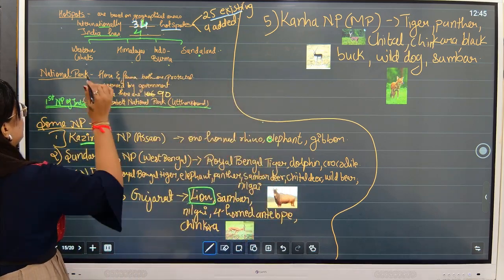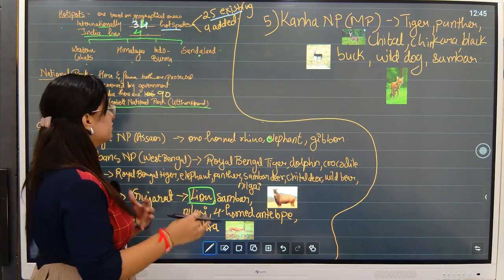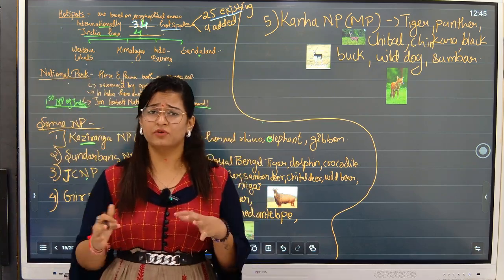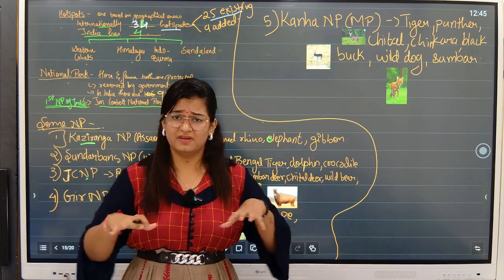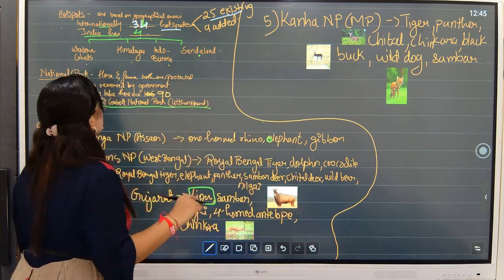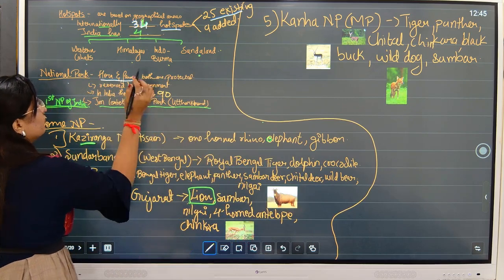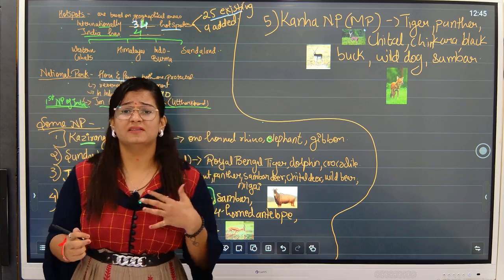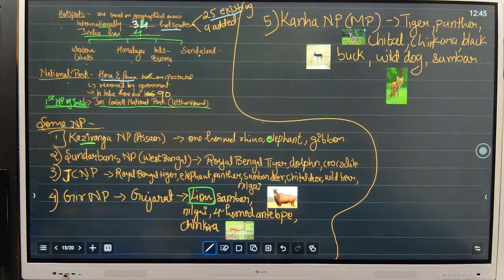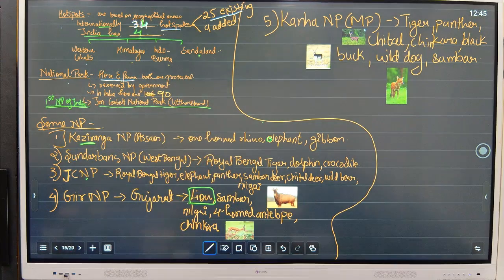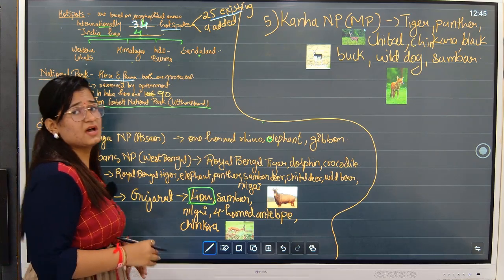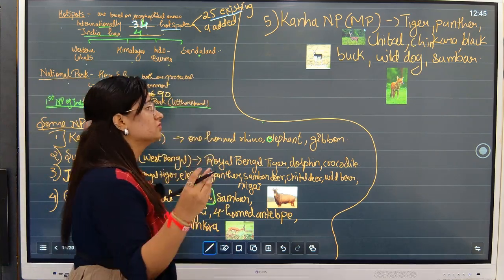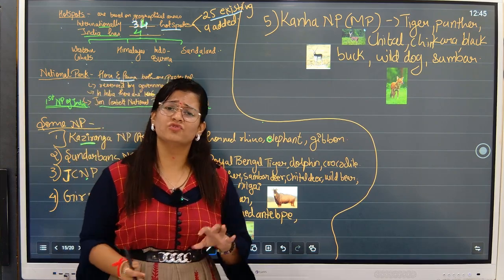Chalo. Now when we talk about national parks, what we are going to do is basically protect them in that particular area. Both flora and fauna are going to be protected, and it comes under the government. So the government is the one who looks after the national parks.